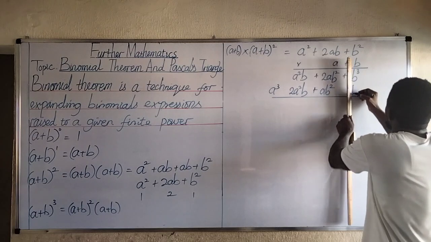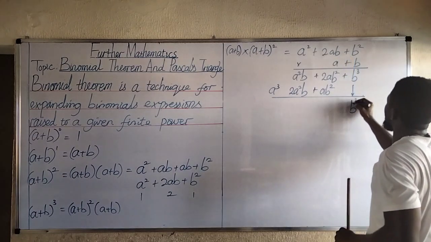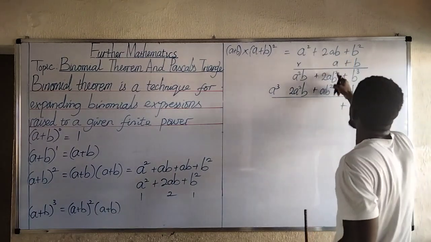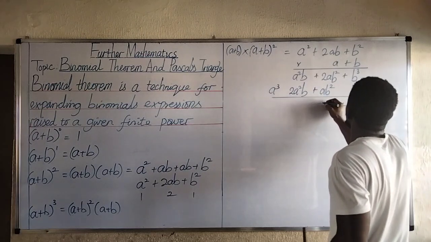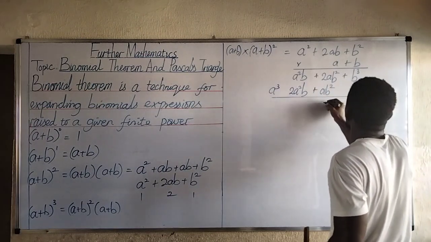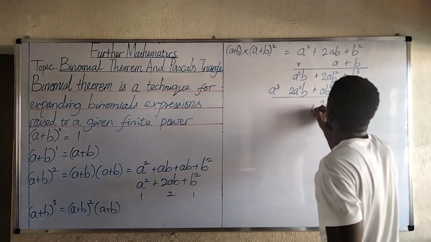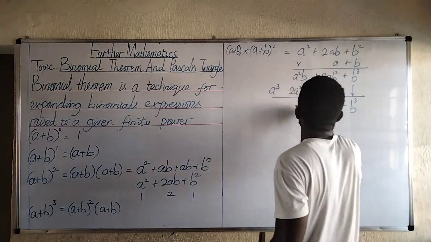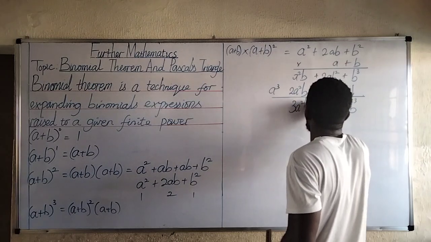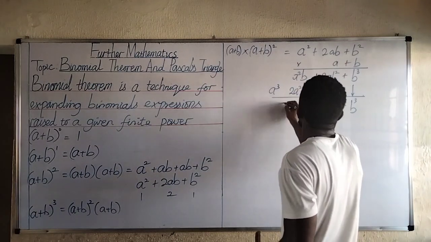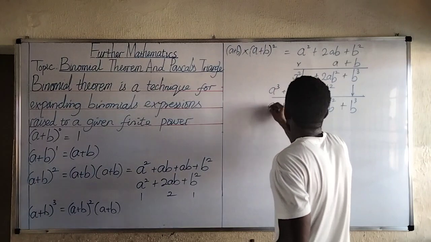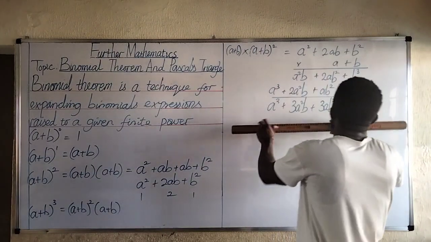Bring down b raised to the power 3, plus this add up will give us 2ab squared plus ab squared, which gives 3ab squared. a squared b and 2a squared b will give us 3a squared b. Bring down what? a raised to the power 3. Okay.